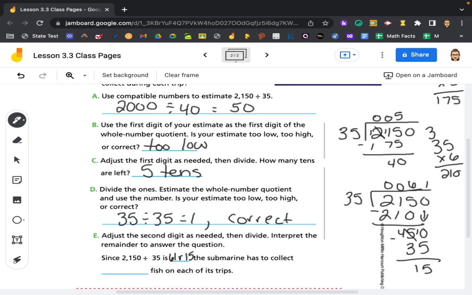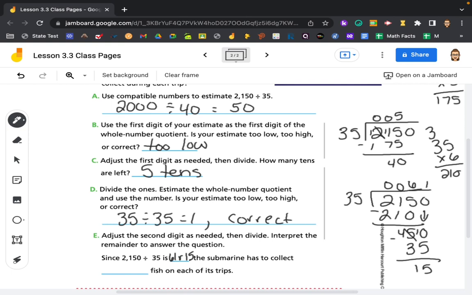So it says the submarine has to collect blank fish on each of its trips. Well, we get 61. That they have to collect 61.